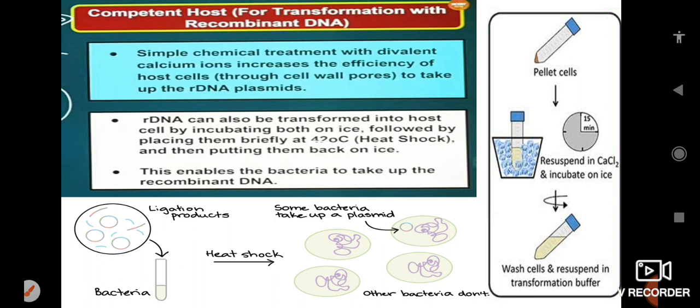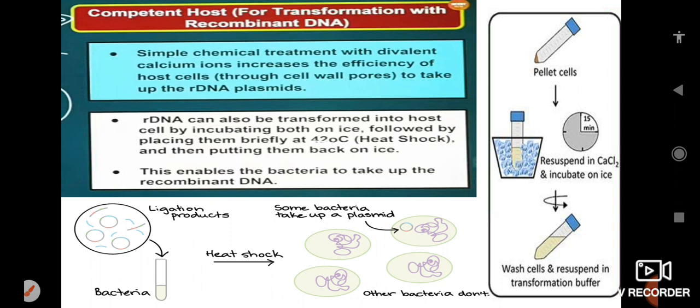If I talk about the competent host for transformation with recombinant DNA, the first option that we have is simple chemical treatment with divalent calcium, which increases the efficiency of the host cell to take up the rDNA plasmid.